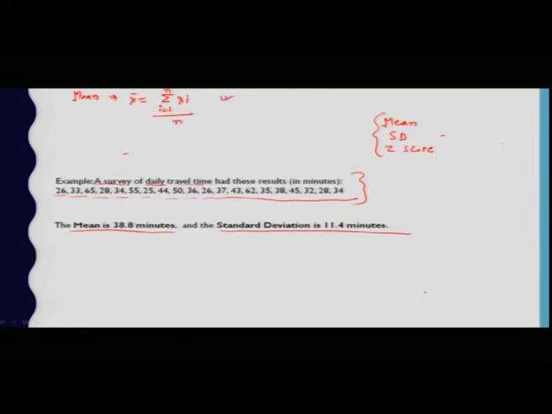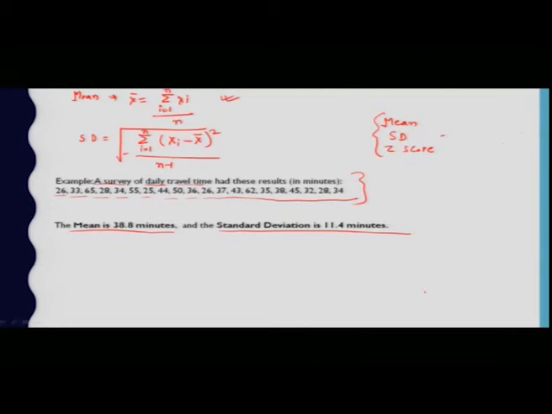So, this is the formula to calculate the mean, and for standard deviation we have another formula: the summation from i equals 1 to n of the difference between each term and the mean, upon n minus 1.